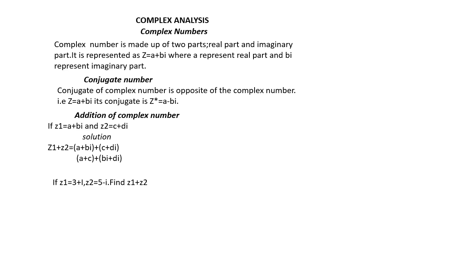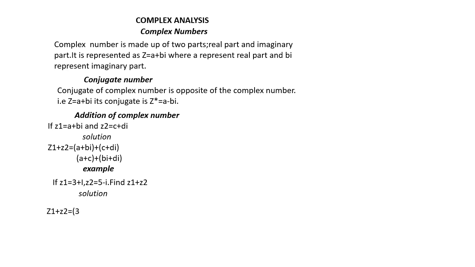Let's look at an example. If z1 = 3 + i and z2 = 5 - i, find z1 + z2. Now we have z1 as a real part and imaginary part, while z2 as a real part and imaginary part.